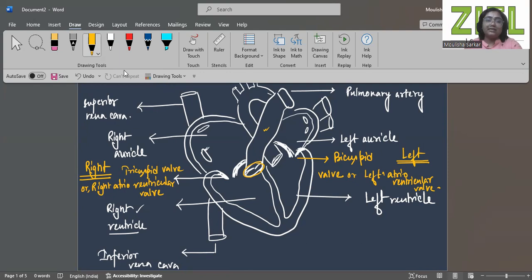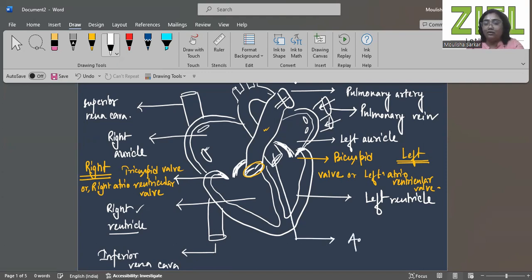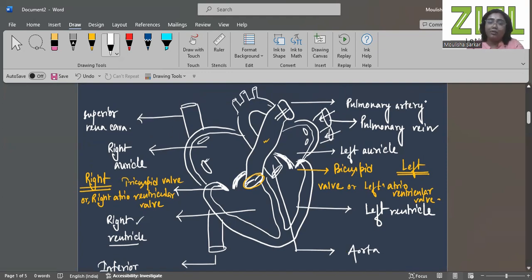Only one structure is left that we need to know, that is this structure. What is it? That is connected with the left auricle. It is the pulmonary vein. So this one was the pulmonary artery and these are the pulmonary veins. And this structure, as you can see, is the aorta, and you can see the branches of it on the top of the heart.